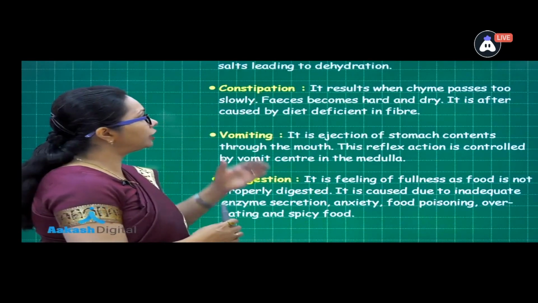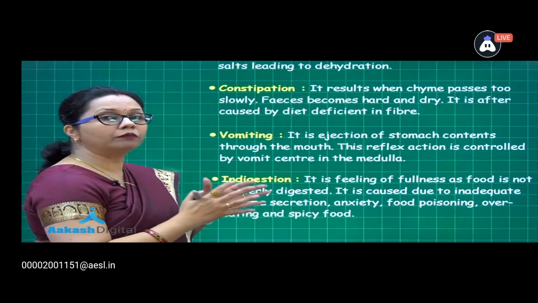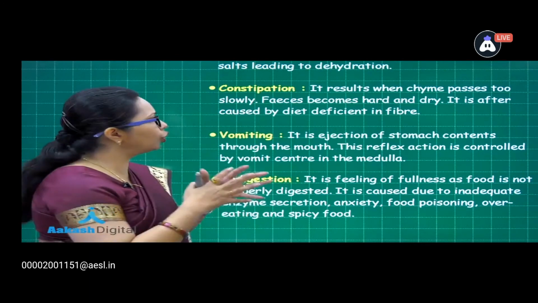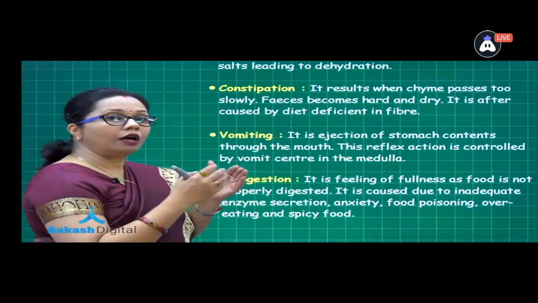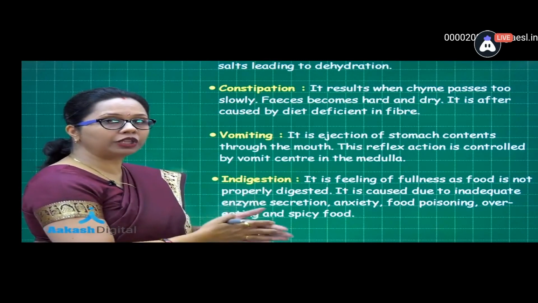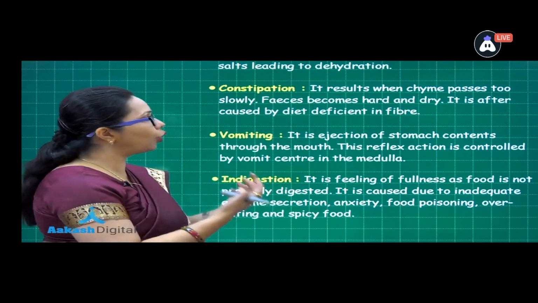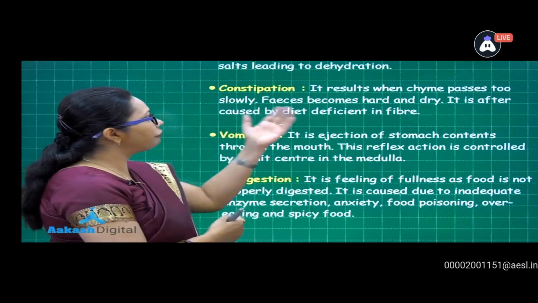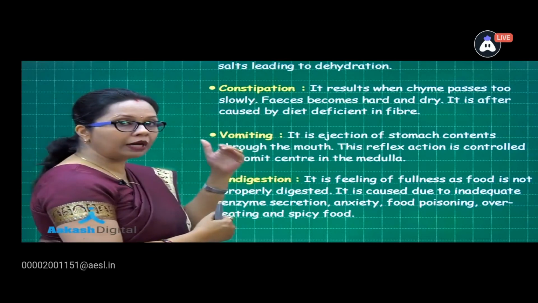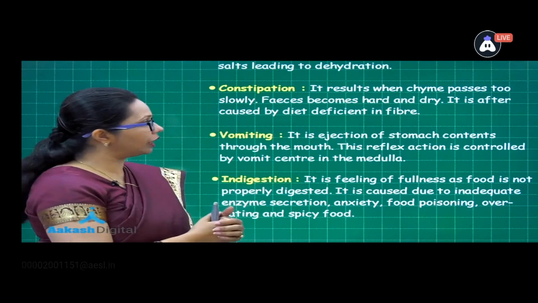Now constipation is when the bowel movements become very irregular and the chyme is passing too slowly. So as a result, there is too much time available in the intestine. So as a result, all the water gets absorbed, the feces become very hard and dry, and it becomes difficult for egestion.